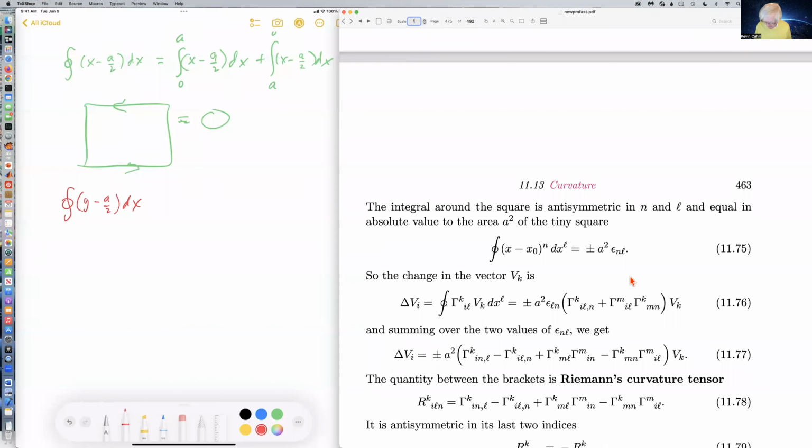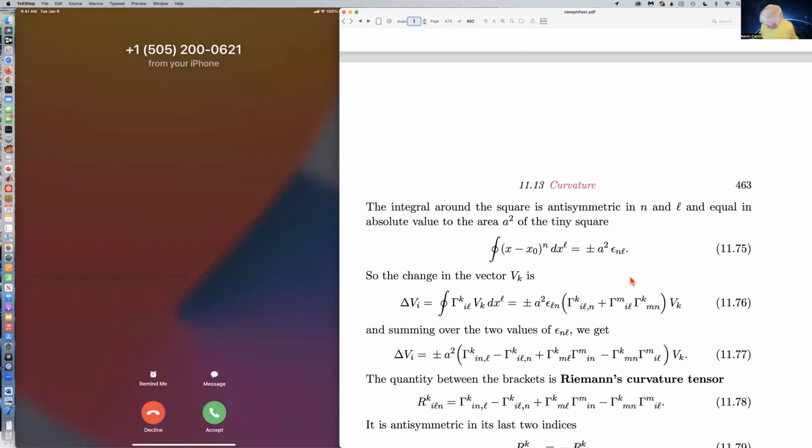And now I'm going around the square, going dx, I'm just going to go along the bottom one and the top one. So I'm going to integrate along here and then integrate along there. So what is y on this integral? Oh, Christ.